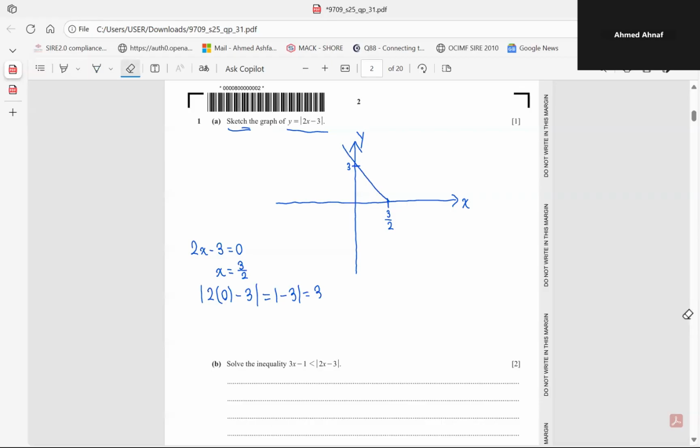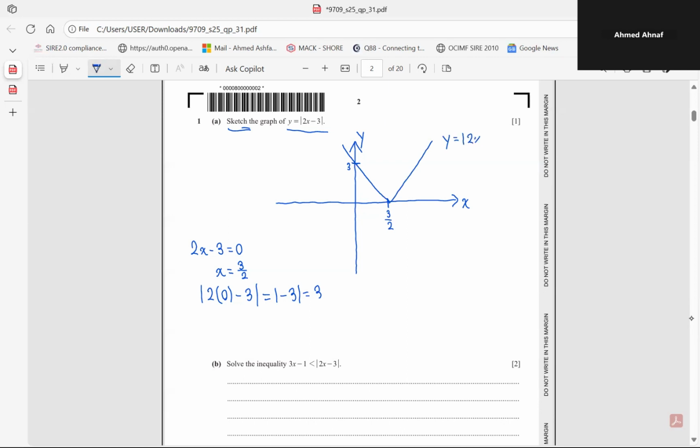Let me relabel. And it would be symmetrical about the line passing through the x-intercept. So it would be like this. This is our final graph. Let's head on to the next question.